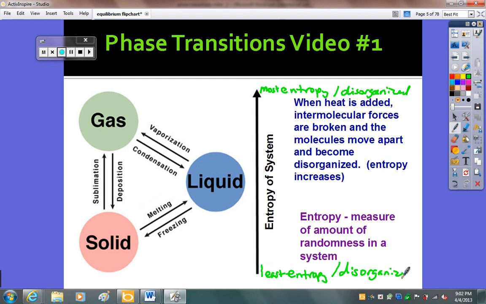If you are disorganized, this is because you have no intermolecular forces. If you don't have intermolecular forces, you have the greatest entropy and you're very disorganized. If you have lots of intermolecular forces holding your molecules together, then you're going to be the least disorganized and you'll have the least entropy.